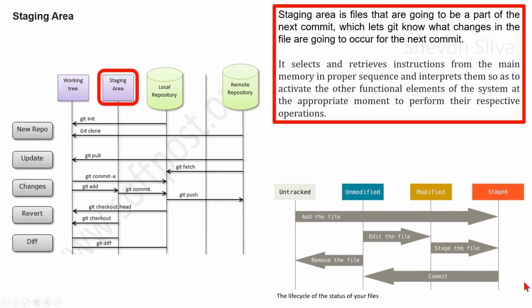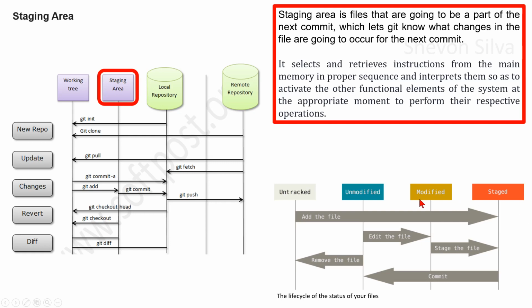Remember that each file in your working directory can be in one of two states, tracked and untracked. Tracked files are files that were in the last snapshot as well as any newly staged files.